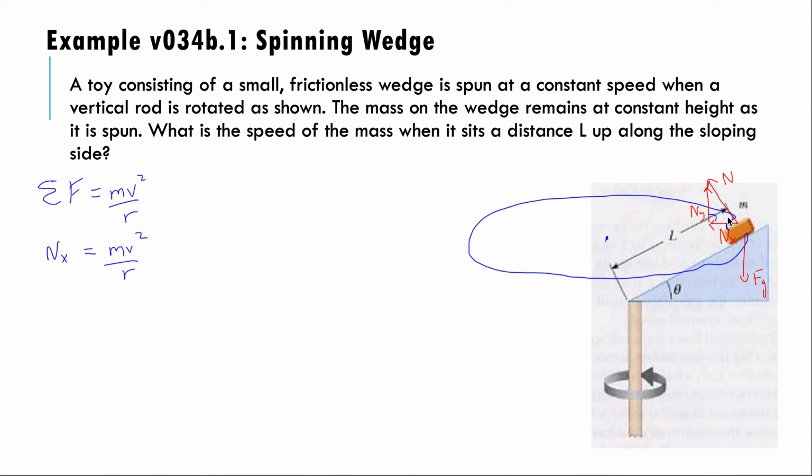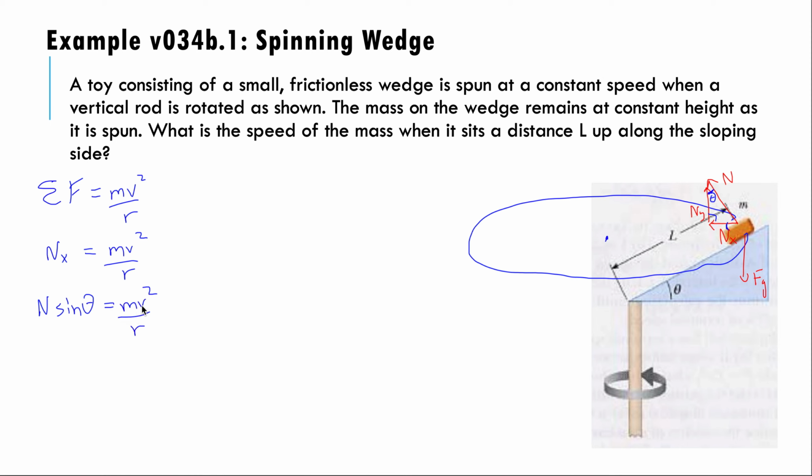So if this is 90 minus theta, that means that our theta is actually up here. So we're going to use this theta in the triangle to write our components. nx is going to be opposite of theta, so it's going to use sine. We're going to write nx as n sine theta. That's going to equal mv squared over r.